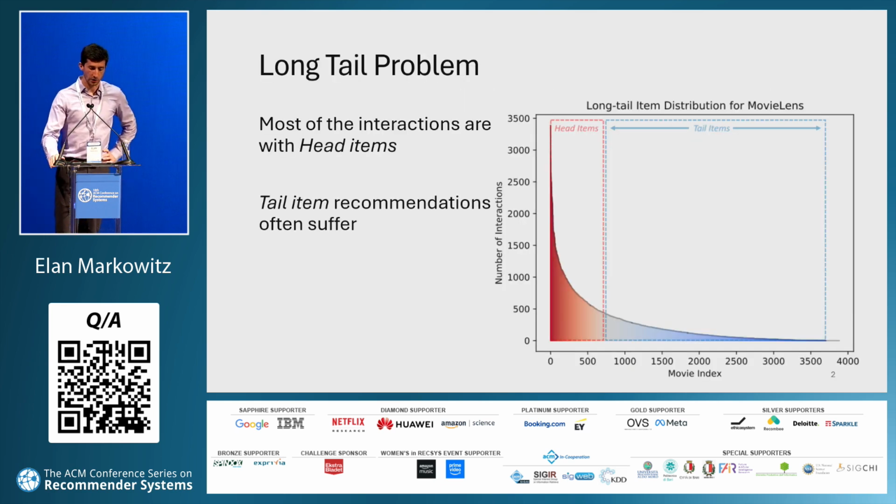The issue we're addressing is called the long tail problem, and we heard about this in the earlier session, because the long tail items, the items that aren't as popular, are really hard to give good recommendations for.